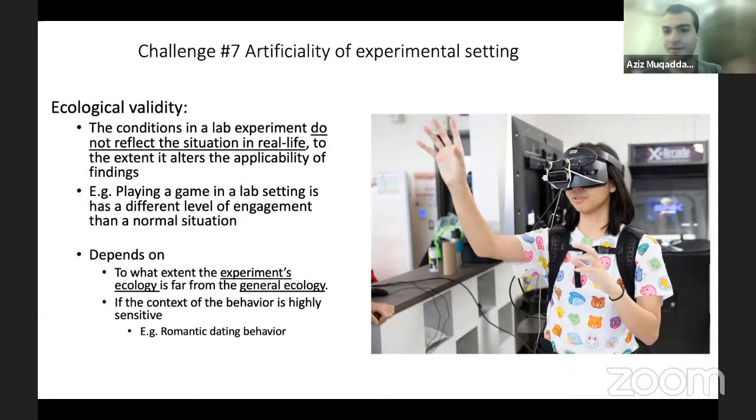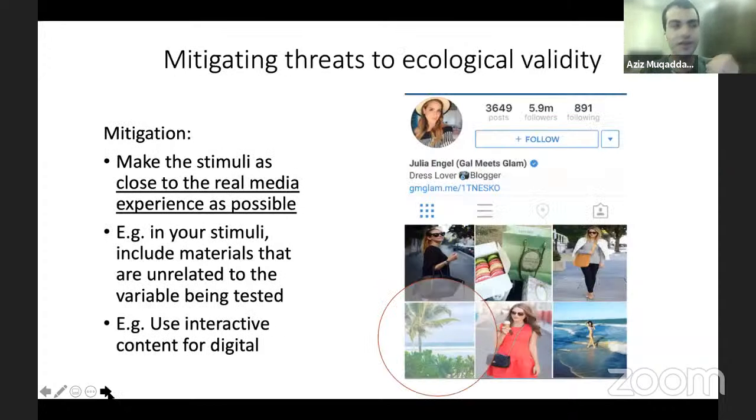And it's sort of awkward to do that in an experimental setting, and you're being watched, and there are other people, and yet you actually want to say that this experiment's results would reflect what happens in the real world. But the more you are getting into something that is different from what happens in the real world, the validity of your results would be lowered, right?